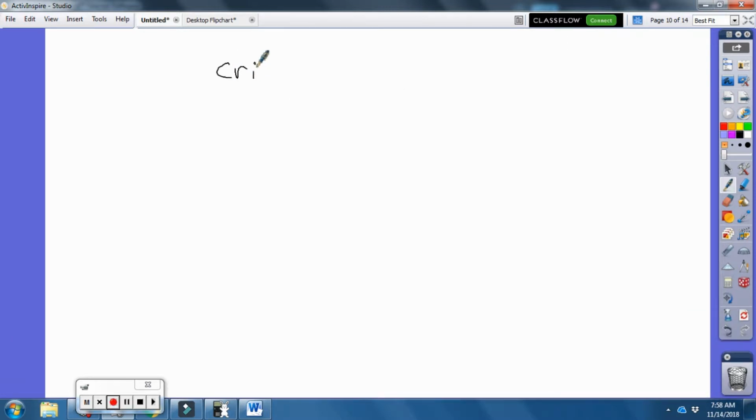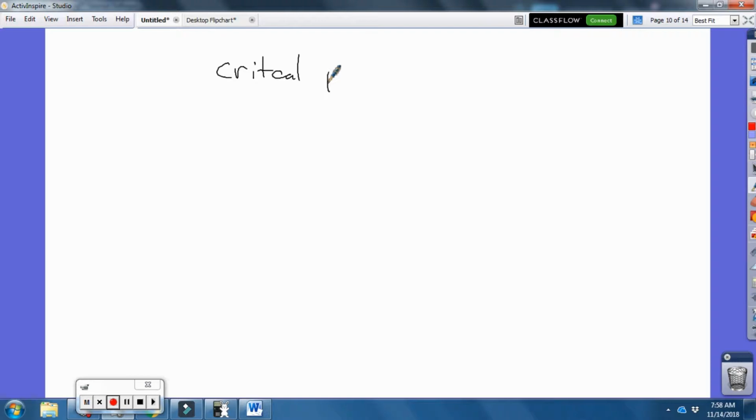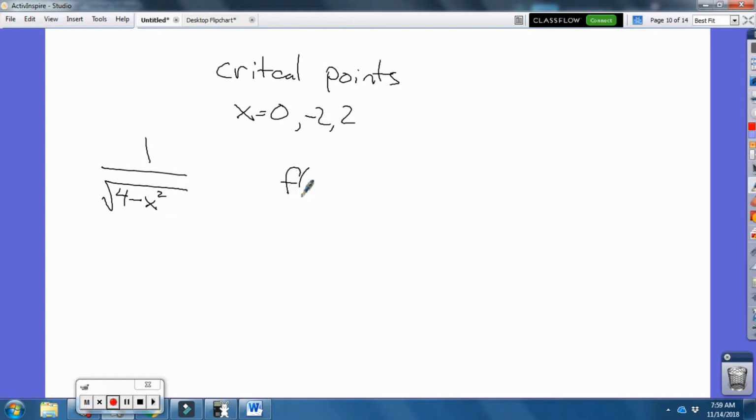So, we're just going to consider the critical points here, where x equals 0, -2, and 2. So now I'm just going to plug that back into my original equation, 1 over the square root of 4 minus x squared. But I'm going to plug in those critical values. So let's find f of 0: 1 over the square root of 4 minus 0 is just going to be 1/2.